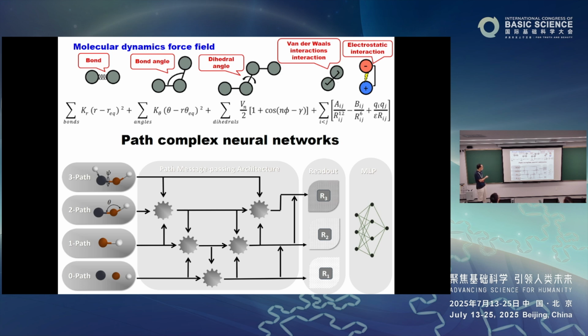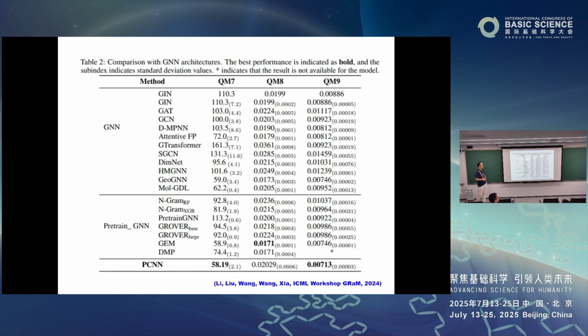I only choose the three paths that can reflect these bond angle terms in the system. So in this way, I will be able to say much more about the physical side of the system, and then my neural network is built based on this kind of physical setting of the system. And with that, we can see that it actually can work better than the existing models.